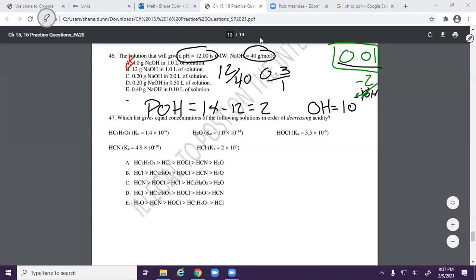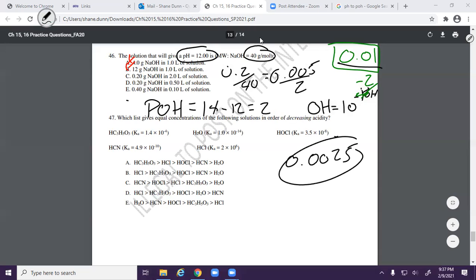Hasta la vista. 0.2 divided by 40 gives us what? And then 0.02 divided by 40. Of course, I put the answer, not exactly what it's supposed to be. It gives you 0.005. Take that divided by 2, gives you 0.0025. It's the same thing as 0.01. Well, C isn't it either.